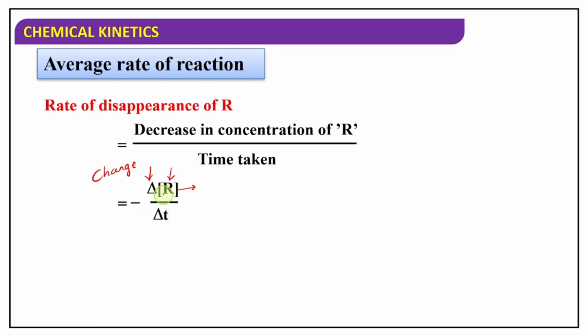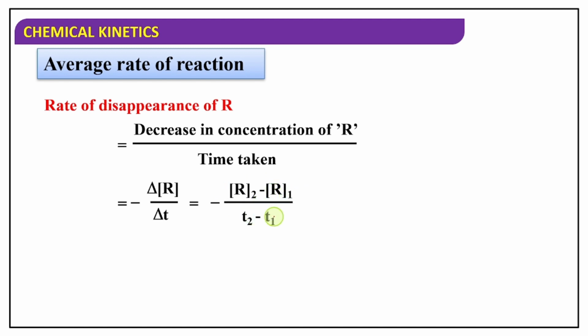This is observed over some time interval, the change in time. Delta t means change in time. So I'm going to write how to find out delta R. I have considered two instants in the previous slide, time instant 1 and time instant 2.